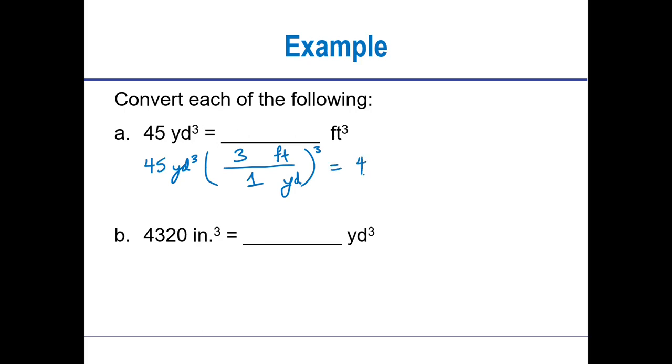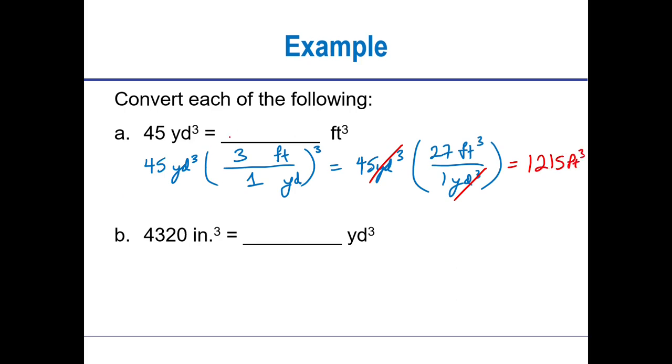This simplifies to 45 cubic yards multiplied by 27 cubic feet over 1 cubic yard. Notice the cubic yards do cancel out, and we multiply 45 times 27, and that gives us 1,215 cubic feet. So 45 cubic yards is equal to 1,215 cubic feet.